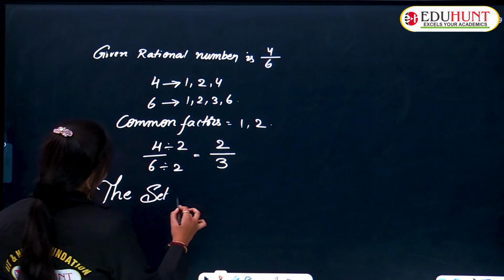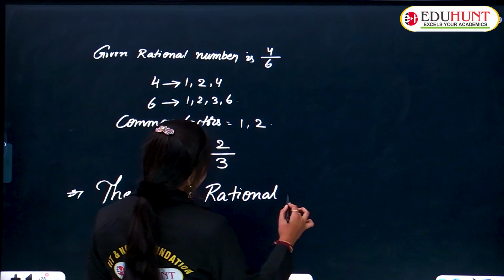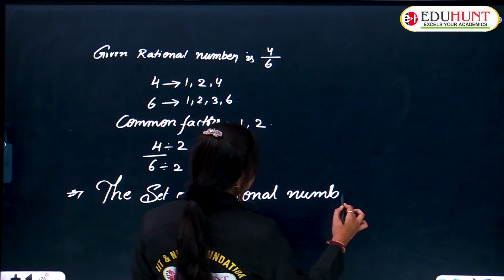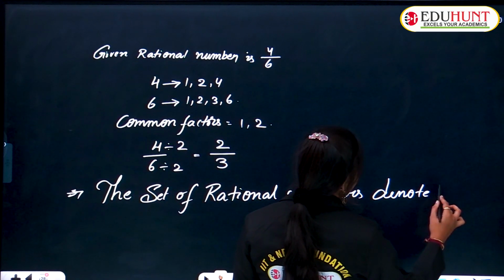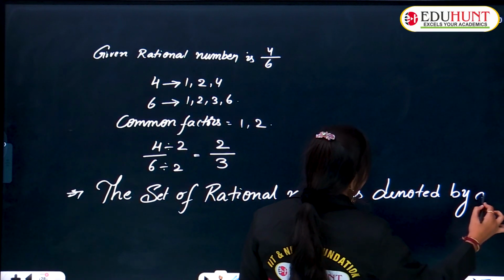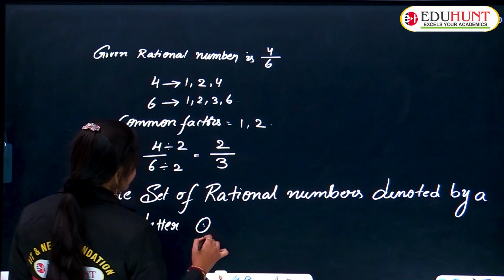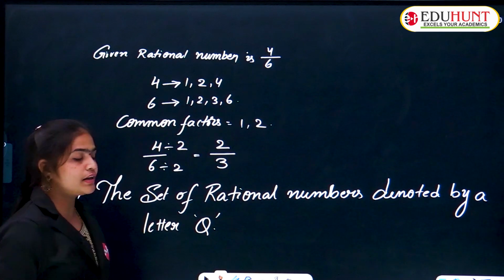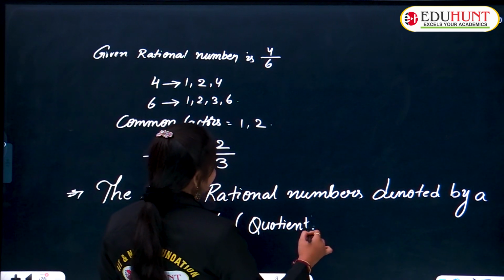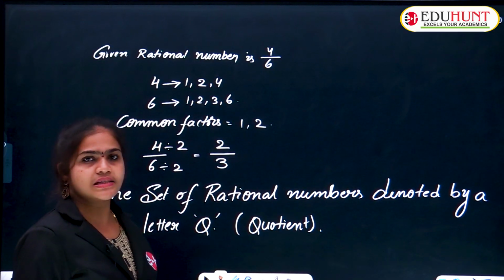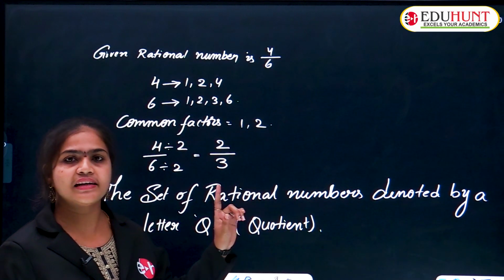The set of rational numbers is denoted by the letter Q. What about that Q here? Q means quotient. Here we are seeing the quotient, rational numbers. So that's why the set of rational numbers is denoted by the letter Q.